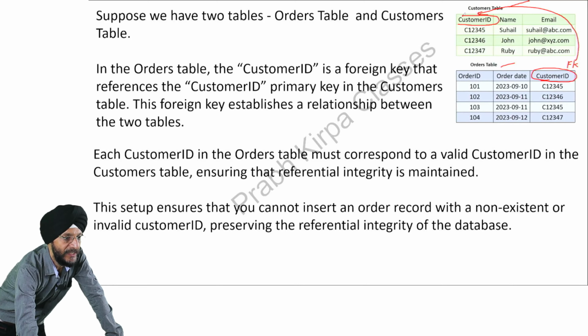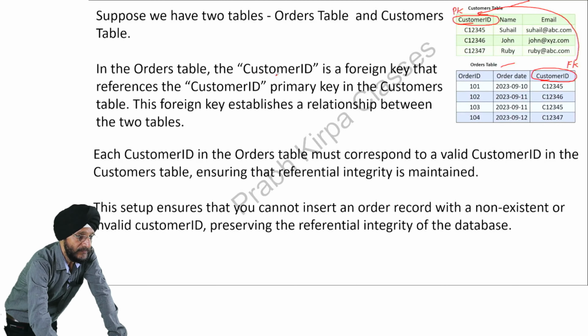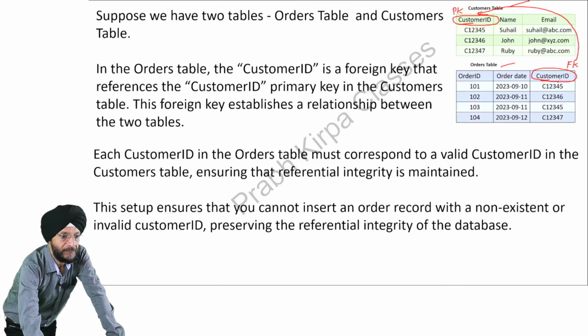Here customer ID is also appearing. Here it is the primary key. Now this customer ID which is appearing in the orders table refers to the customer ID in the customers table. This foreign key has established a relationship between two tables.